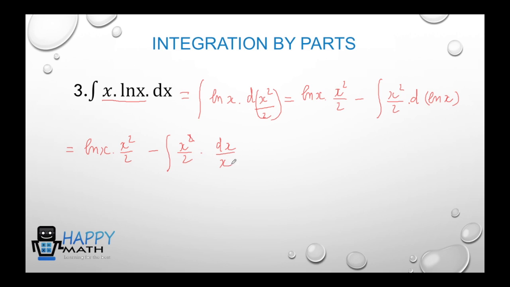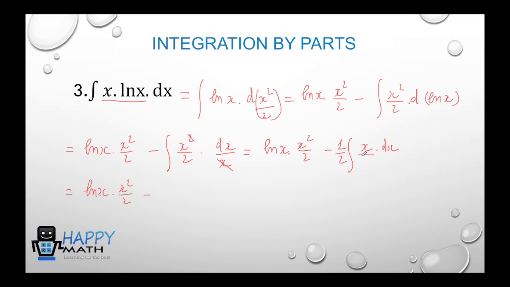So simplify this one, you will get h to the power of 1 over 2 times dx and lineage h squared divided by 2. We go on with this one.